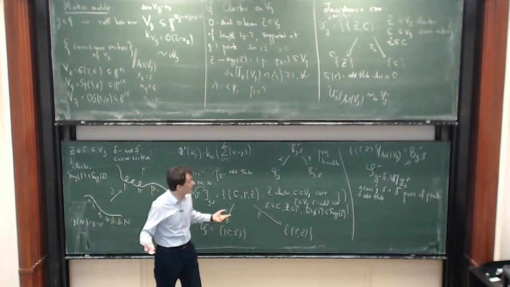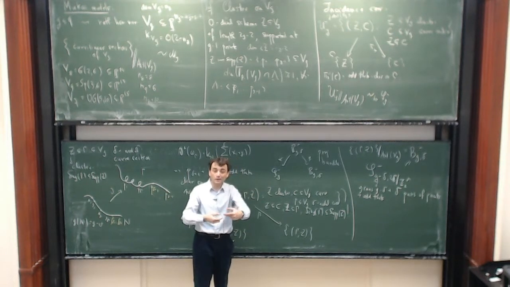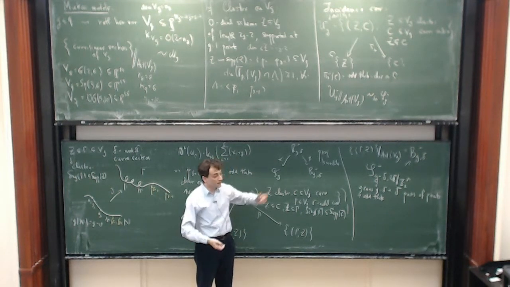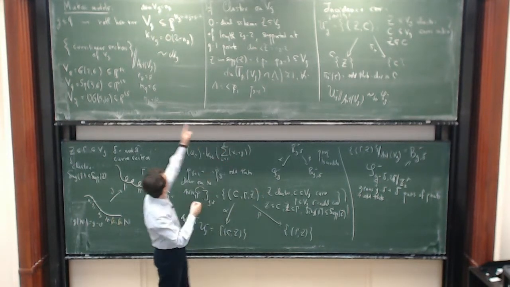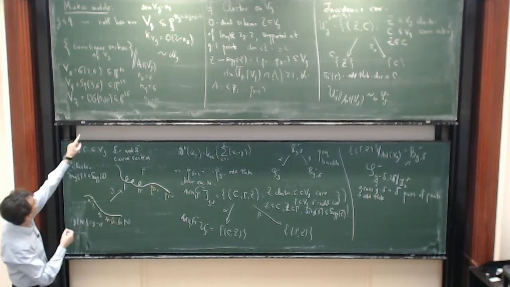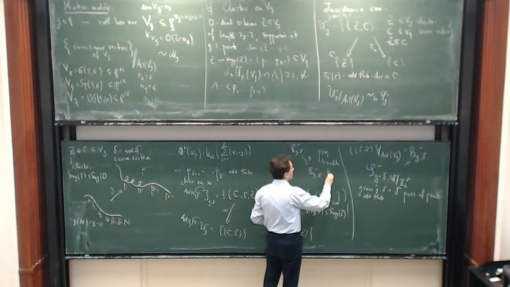Well, you fix a cluster and a delta nodal curve. You look at all the curves that contain that cluster. So I have a PG minus 2 dimensional space in P, whatever it was, N capital NG, right? So this is a projective bundle. It's a P NG minus 1 bundle, in fact.